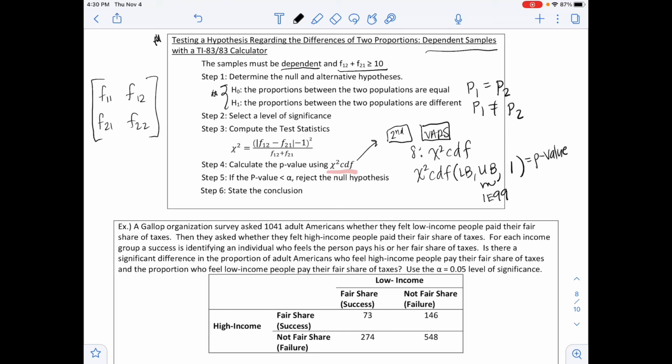And we're going to state our conclusion. And this lower bound here that we're going to put in is going to be our test statistic. And I'll put down chi-squared test statistic. And then don't forget to state your conclusion.